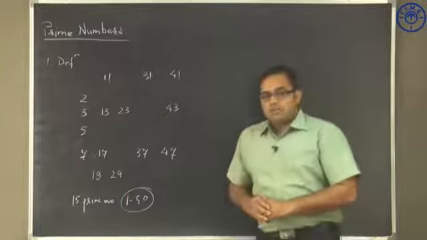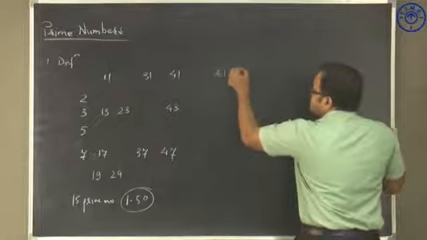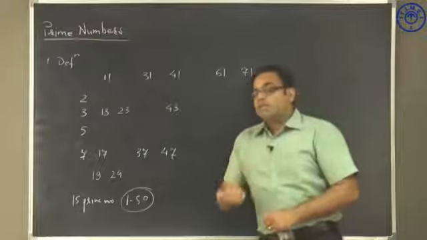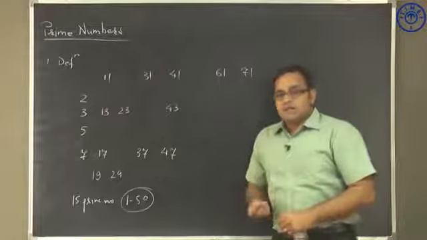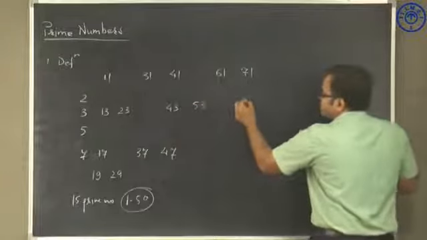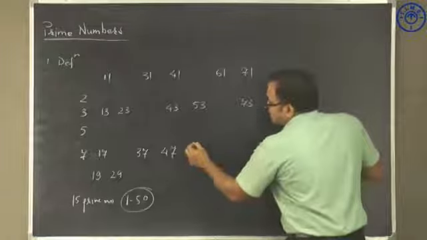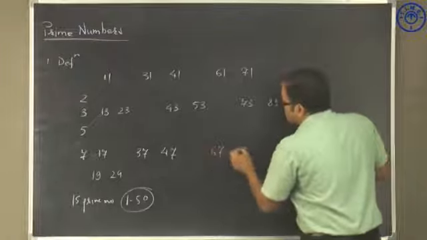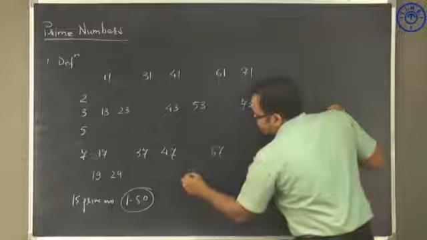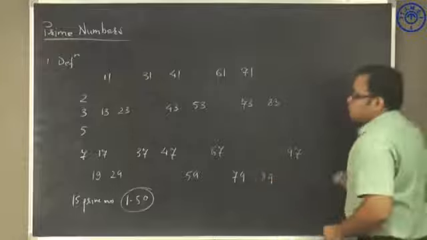Let us look at the number of prime numbers from 51 to 100. 51 is not a prime number, 61, 71, 81 is not a prime number, 91, very common mistake, 91 is again not a prime number, 91 is 13 into 7. 53, 63 is not a prime number, 73, 83 would be a prime number, 93 is not a prime number, 57 is not a prime number, 67, 77, 87, 97 would be a prime number, 59, 69, 79, 89, these would also be prime numbers.